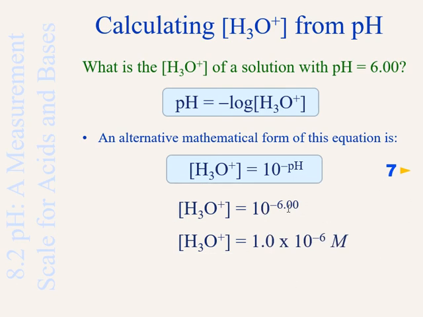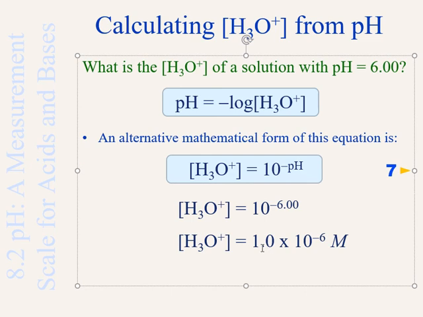Now here is one other fact. When you are converting between pH and H3O+ concentration, what happens to the sig figs? For example, if the H3O+ concentration is 1.0 times 10 to the negative 6 molar, how many sig figs do you see here? All the sig figs reside in the coefficient, and there are two sig figs. And when you convert this number to the pH, the two sig figs show up as 2 digits after the decimal point.